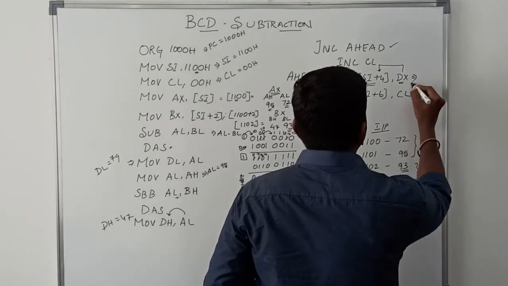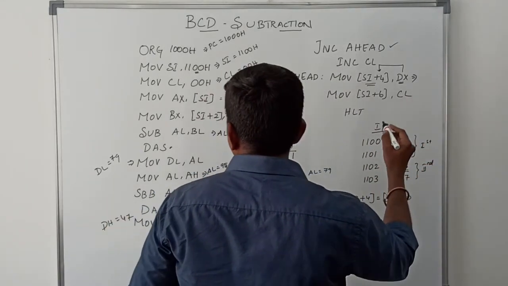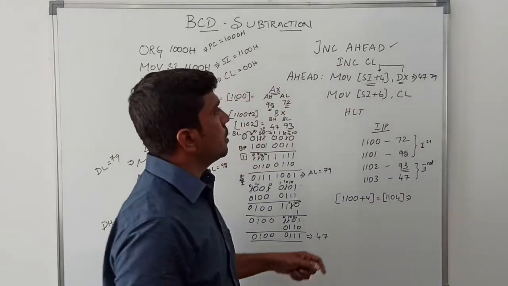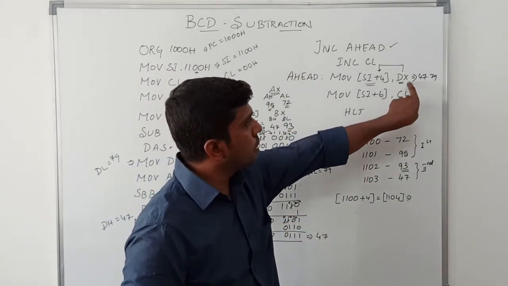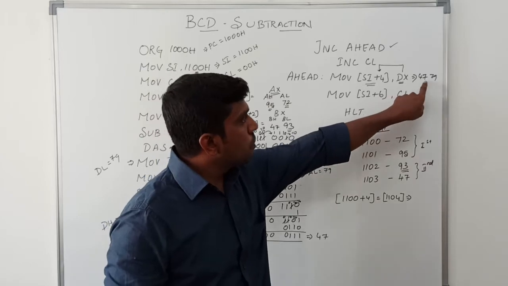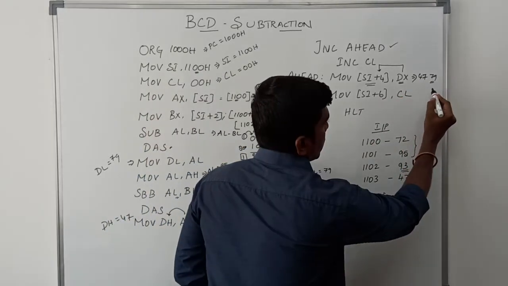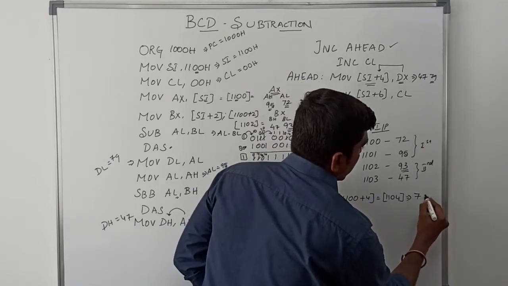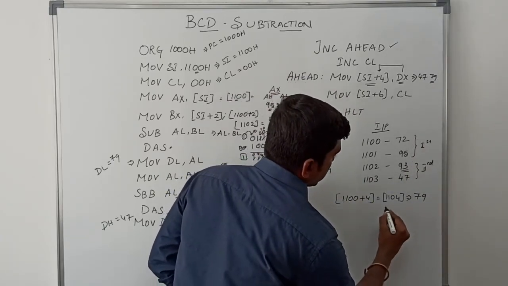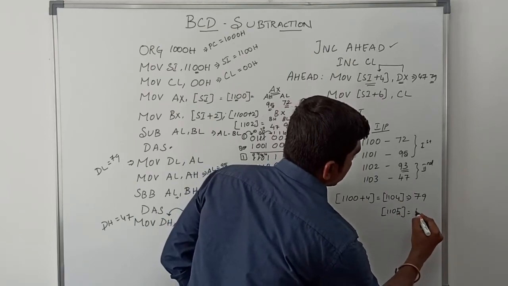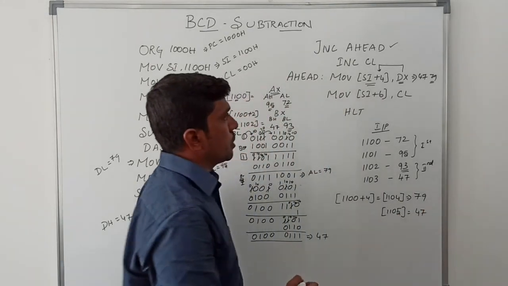The DX register value is 4779. After subtraction you get the result, and that result is stored in the DX register. So 47 and 79. In memory location 1104 it stores the data 79, and in 1105 it holds the data 47.